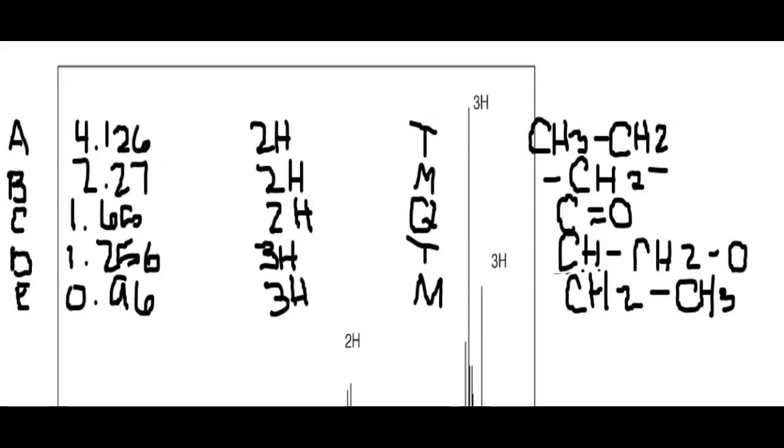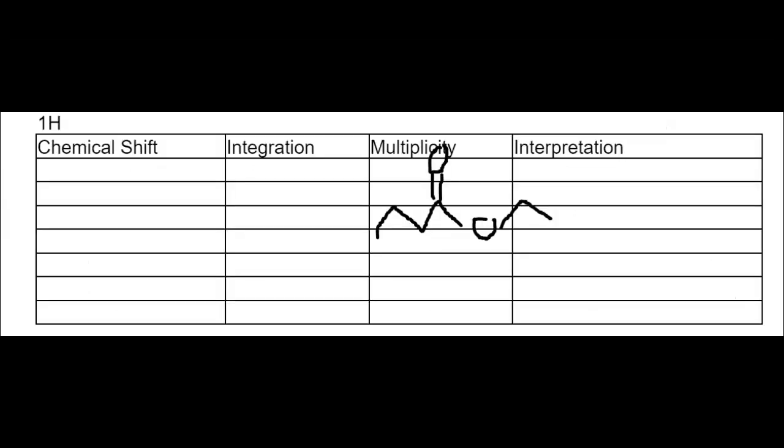Then we have D, which is 1.256, and that's the 3H, and that's a triplet, CH3 bonded to CH2, bonded to the O. And lastly, we have E, which is 0.96. It'll be a 3H multiplet, CH2 bonded with the CH3. And here down at the bottom, I have drawn out the proposed structure.